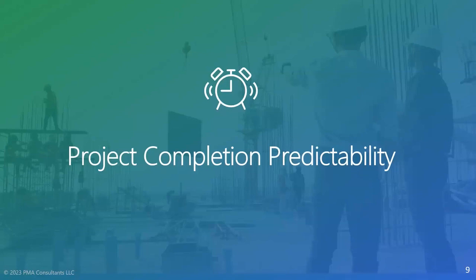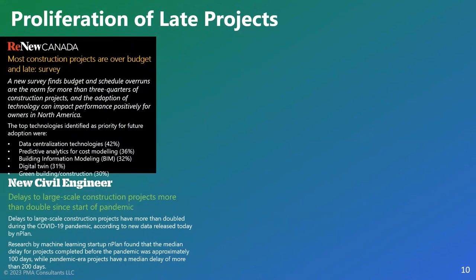And we're focusing on this because, regrettably, we're not doing too well. Every couple of years, some entity conducts a survey. How are we doing with the schedule performance? Here's an example. Most construction projects are over budget and late.